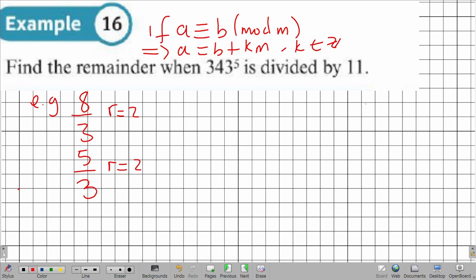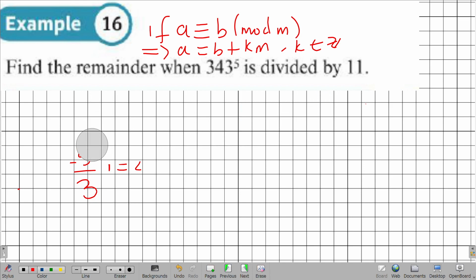Because of that, we conclude that 8 is congruent to 5 under mod 3, because they both give you the same remainder. So there are times when, instead of using 8, I rather use 5, because 5 is a smaller number. That's what congruence is all about.